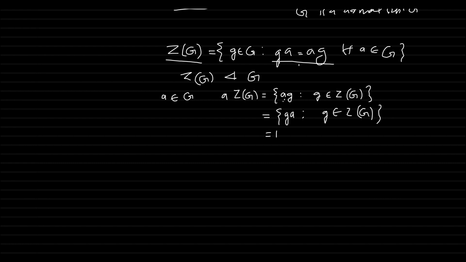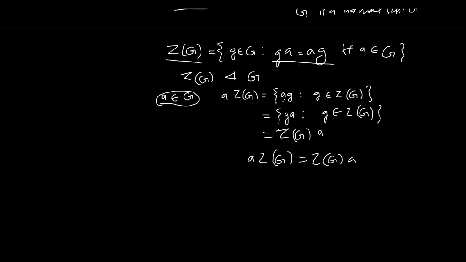This is the right coset of the center of G, which is Z(G)a. So for any a in G, we have a Z(G) equal to Z(G) a. So we can say that the center of a group is always a normal subgroup.